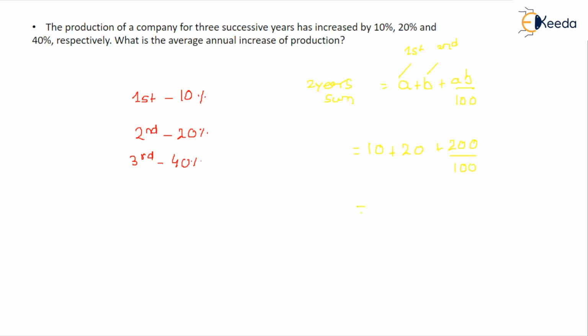So after solving, this comes out to be 32%. So this is the combined increase, or the total increase after 2 years. This is not average, okay, it is the sum. So it is the total increase after 2 years in percentage.